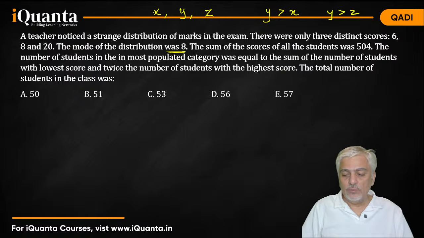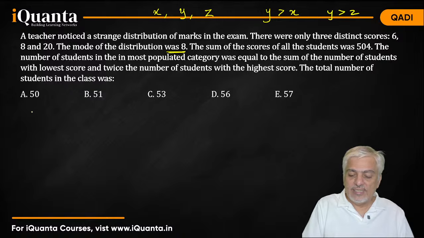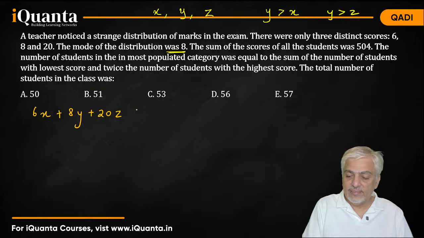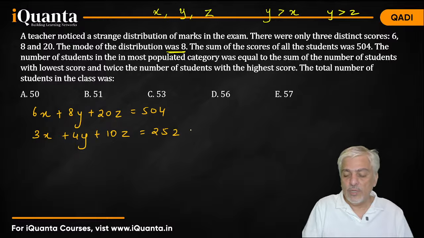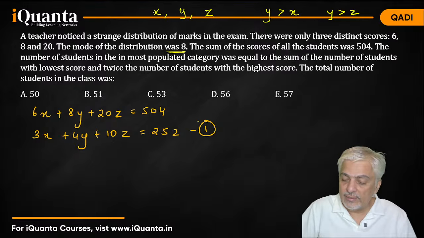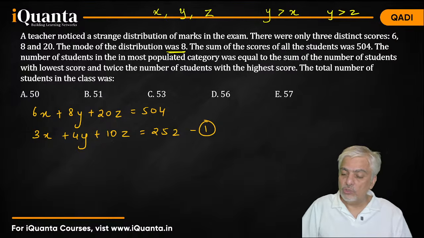What will we get now? 6x plus 8y plus 20z is equal to 504. I can divide it as 3x plus 4y plus 10z is 252. Equation number 1. The sum of the scores was 504.